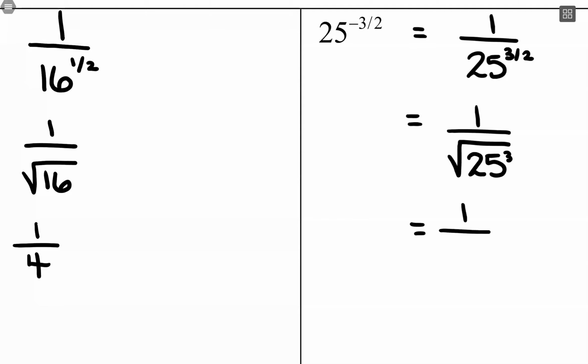So this will be the same thing as 1 over the square root, and then we just need the number for 25 cubed, which is 15,625. And then we just need the square root of that number, which is 125. So this will end up with 1 divided by 125.